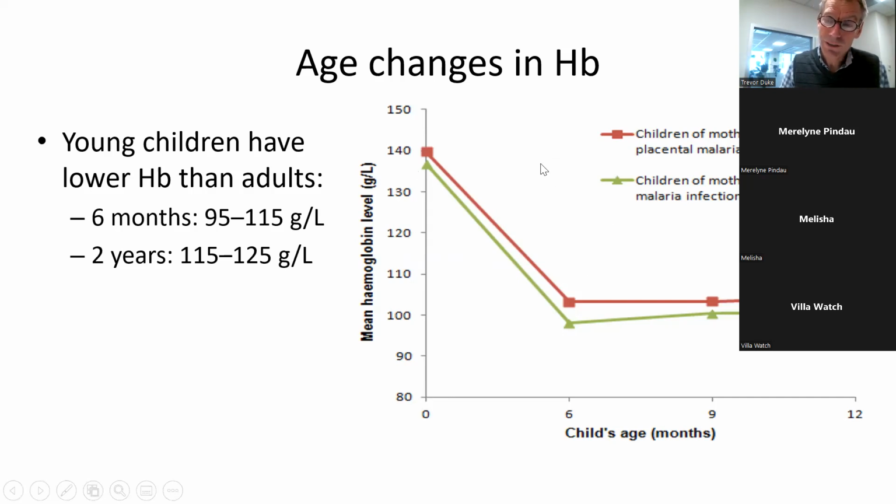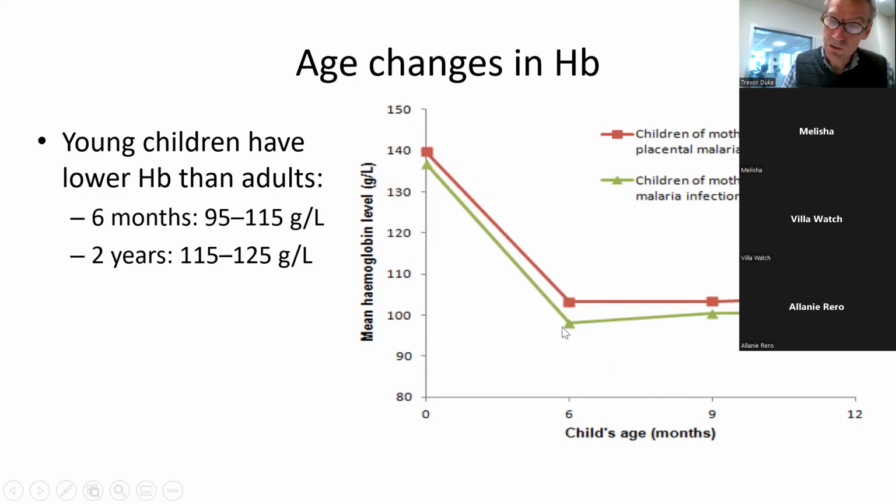This is a study that was done in Kenya looking at the normal hemoglobin in children of mothers without placental malarial infection, and then children of mothers with placental malarial infection. Even the babies of well mothers, their hemoglobin dropped, and that's because of the fetal hemoglobin that dissipates over time, and then what you're left with is adult hemoglobin.